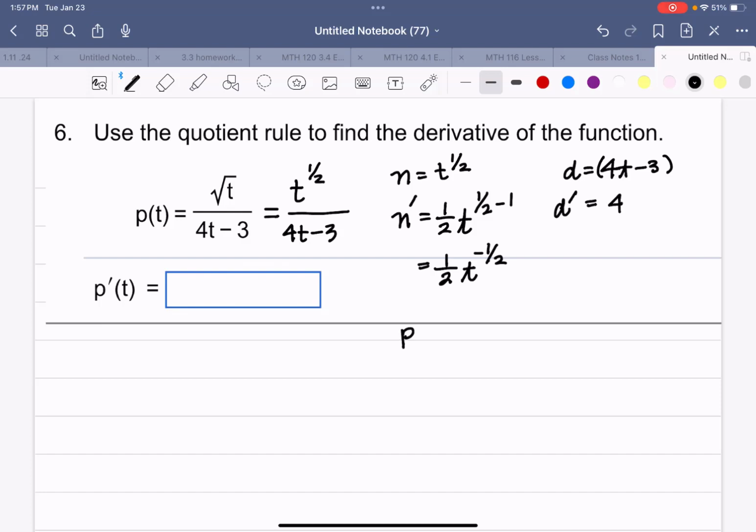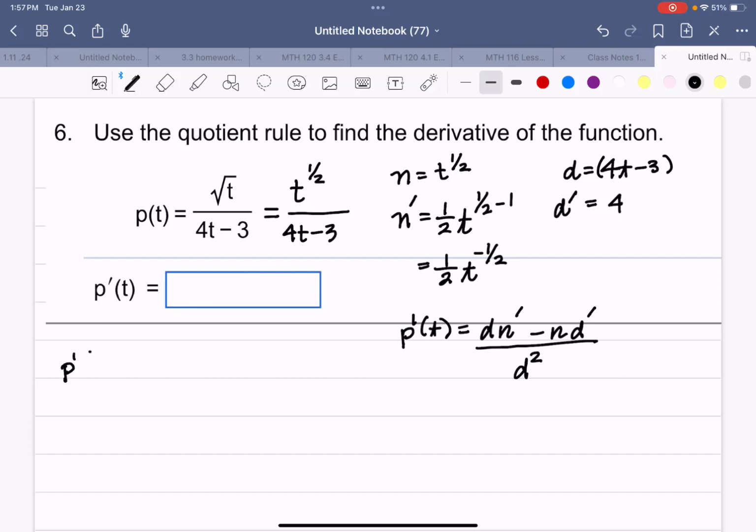So our rule for our derivative this time is our denominator times our numerator prime, minus our numerator times our denominator prime, over our denominator to the 2nd power.